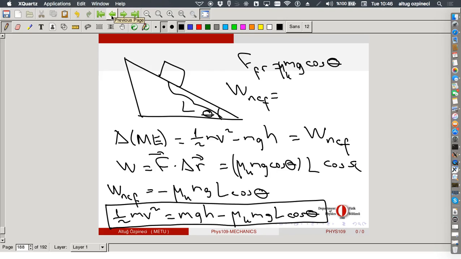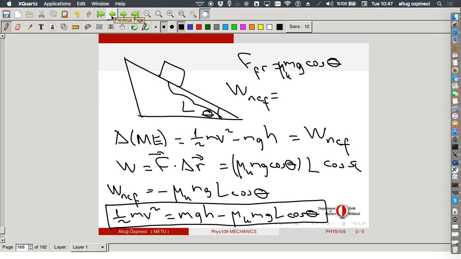Now let's go back to this example. We said that the mechanical energy of the system has changed. The system meaning this mass. The mechanical energy of my mass did change by this much. So the energy of my mass is not conserved. So if the total energy is conserved, the question is what happened to the remaining energy? What happened to the energy lost due to friction?